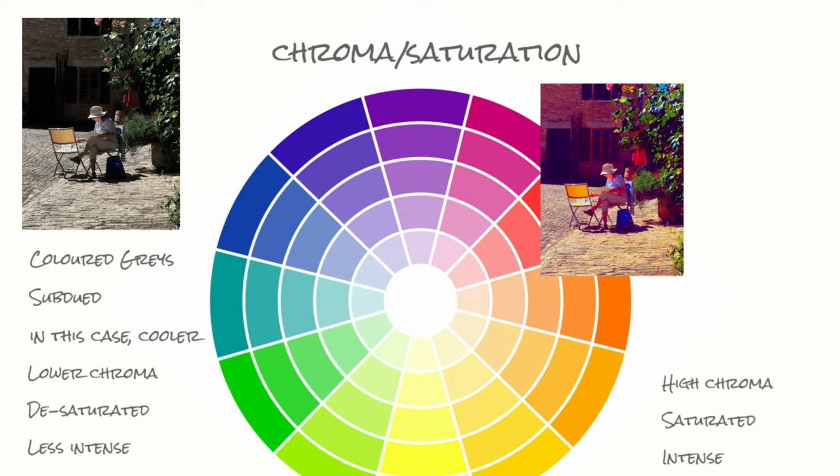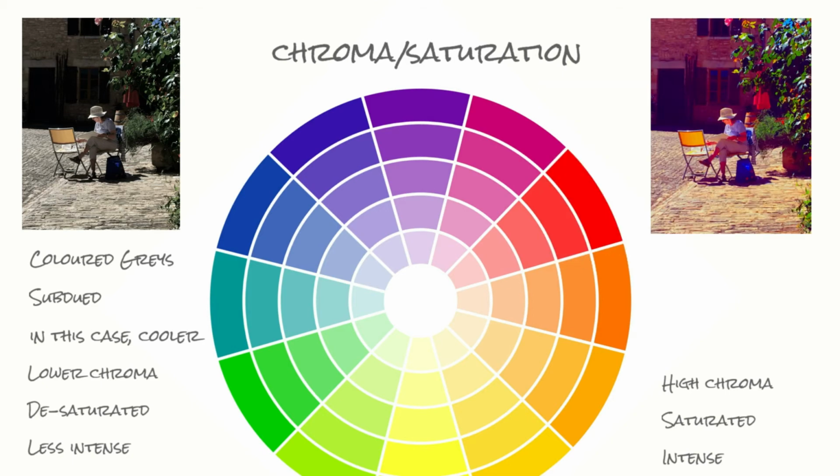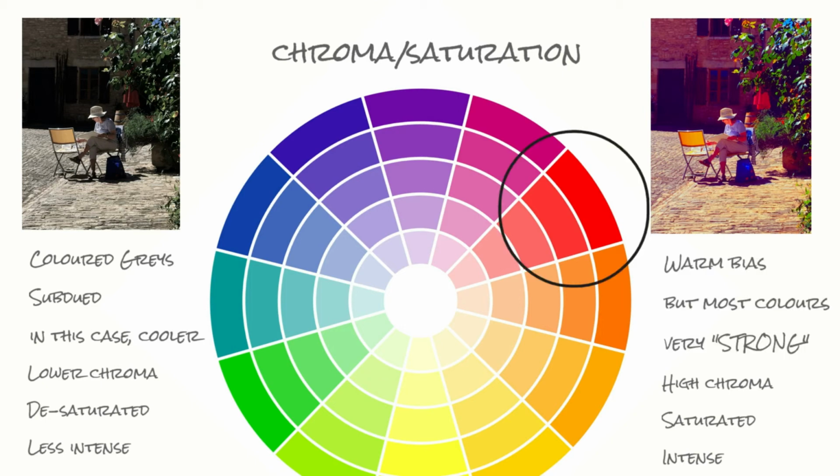And then this other image sitting on the edge of the colour wheel, so the much higher chroma, more intense section of it, very much has a bias towards those magentas, those very high chroma reds, a lot of strong oranges, and even some strong purples. Although note that the painting or the image as a whole is a high chroma image, so even the blues in the bag and some of the greens in the foliage are also very high chroma colours.